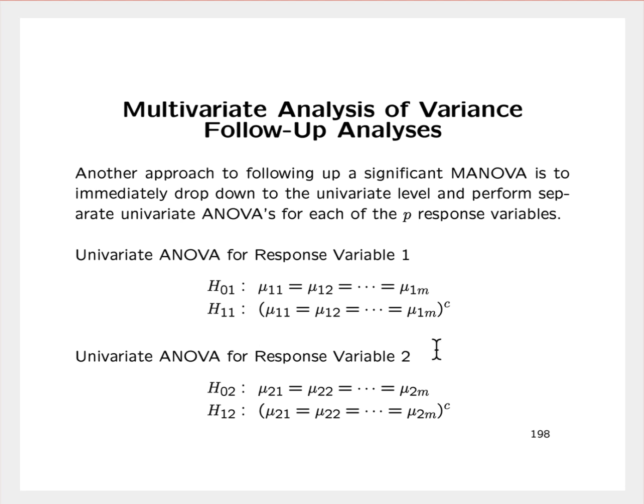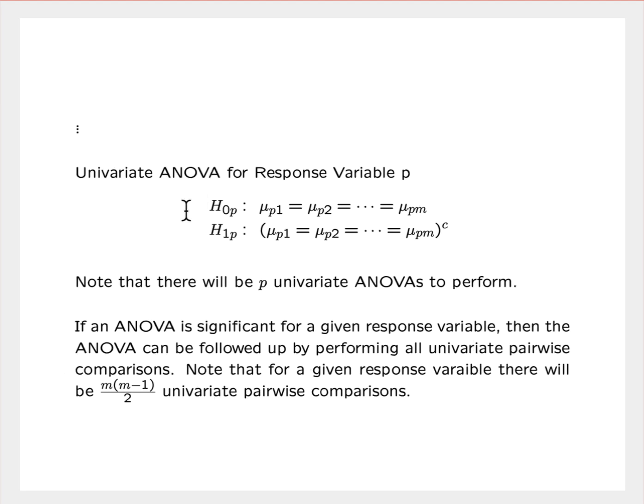Here are the hypotheses for the univariate ANOVA for response variable 1. We would also perform a univariate ANOVA for response variable 2, and so forth down to the last response variable p.